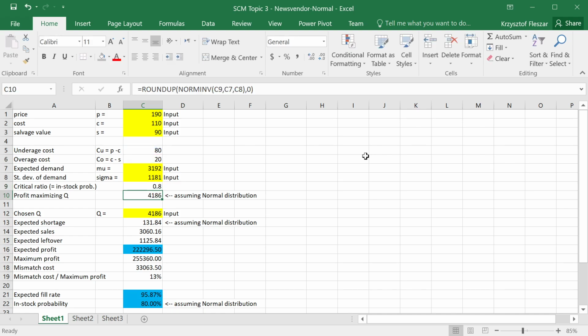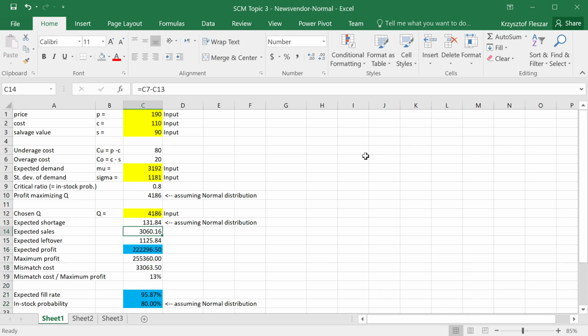Then the profit-maximizing quantity will be the NORM.INV function for the critical ratio, mean and standard deviation. And I actually use ROUNDUP just to get an integer value, because the quantity that we order has to be an integer number. And here there is an evaluation of the chosen quantity, with expected shortage or expected lost sales, expected sales, leftover, profit, maximum profit, mismatch cost, and also as a percentage. And here is the expected fill rate and in-stock probability.